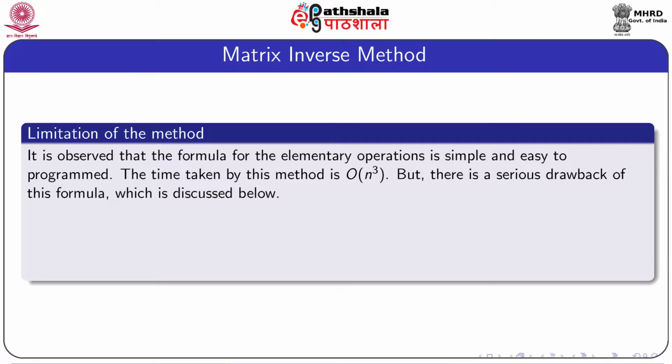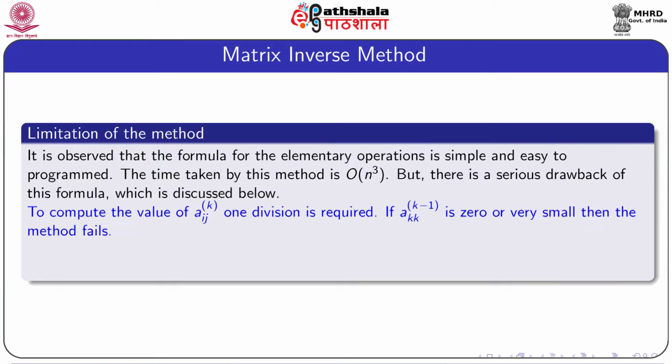It is observed that the formula for the elementary row operation is simple and easy to program. This is the advantage of this method. Another observation is that the time complexity of this method is of the order of n^3, where n is the size of the determinant. But the major drawback is that to compute the value of a_ij at the kth iteration, one division is required.